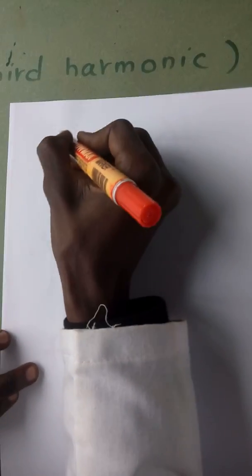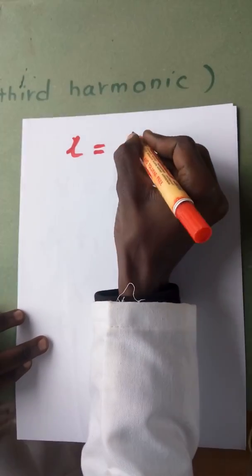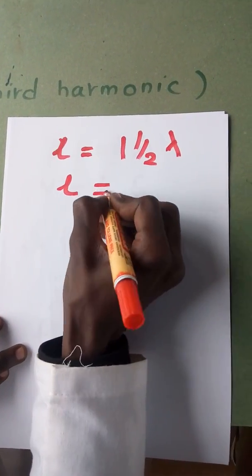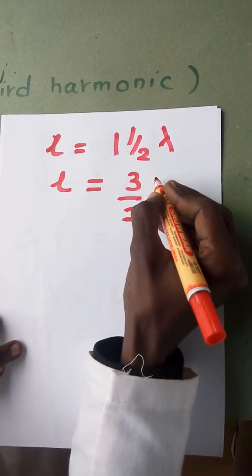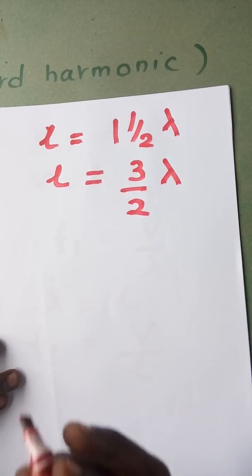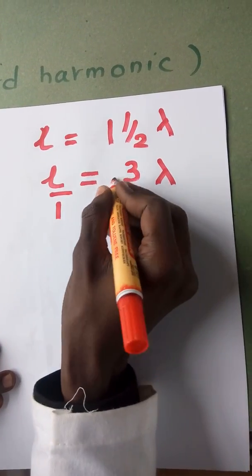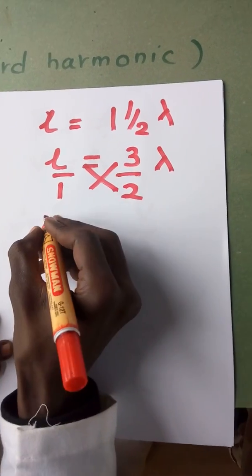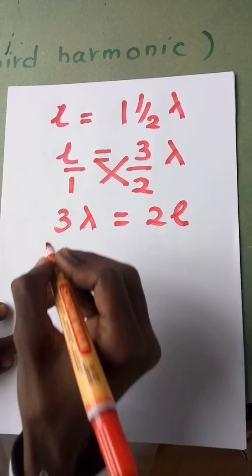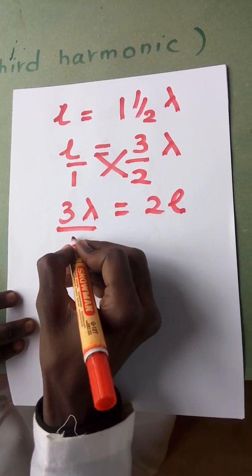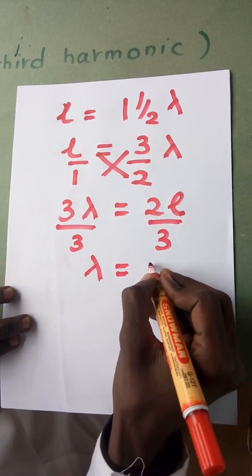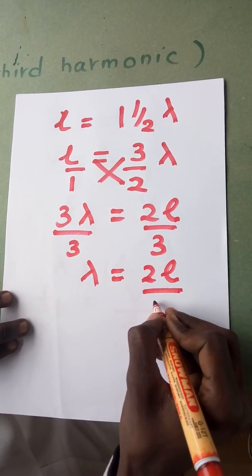So the length of the string is equal to 3/2 wavelengths. We have to make wavelength the subject. So this is over 1, cross multiplication: 3 wavelengths is equal to 2 times length of the string. Divide by 3, divide by 3. Therefore, wavelength is equal to 2 times length of the string over 3.